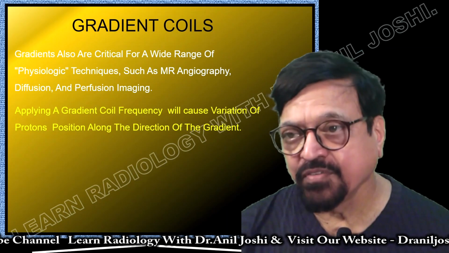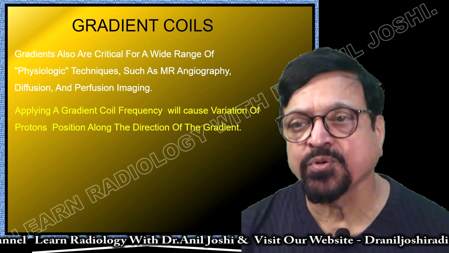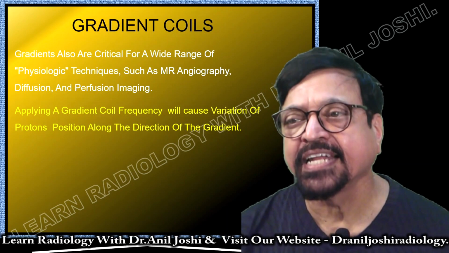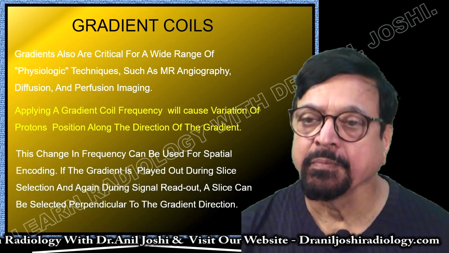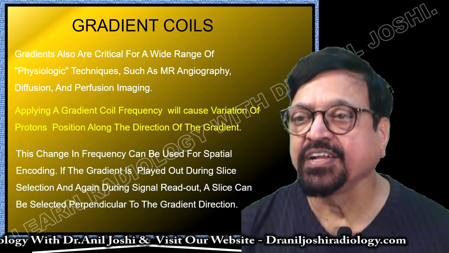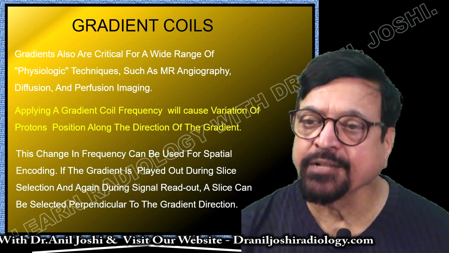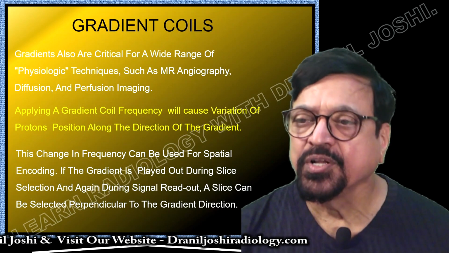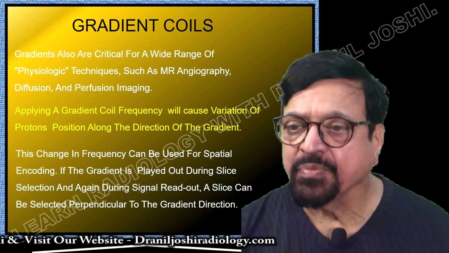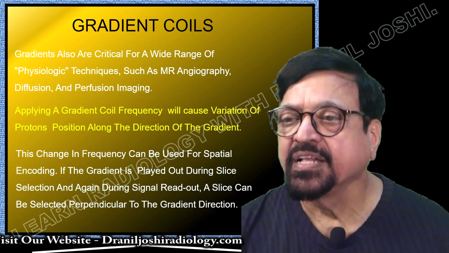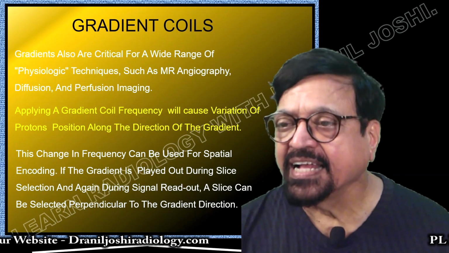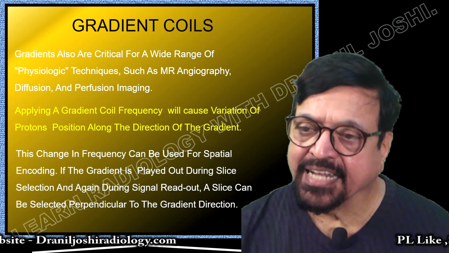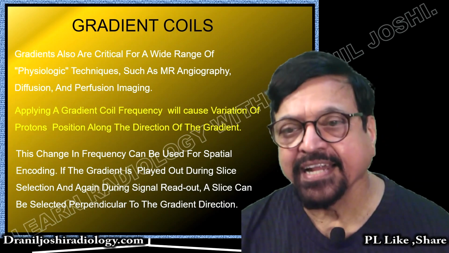Applying a gradient will cause a variation of proton resonance frequency along the direction of the gradient. This change in frequency can be used for spatial encoding if the gradient is played out during slice selection and again during the signal readout. A slice can be selected perpendicular to the gradient direction.